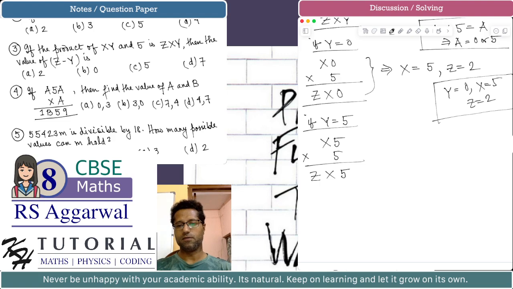So obviously 5 multiplied by 5 is 25, so we will have a carry forward of 2. Now what can the value of x be, such that x multiplied by 5 plus 2 will give x as the digit at the units place of the result?